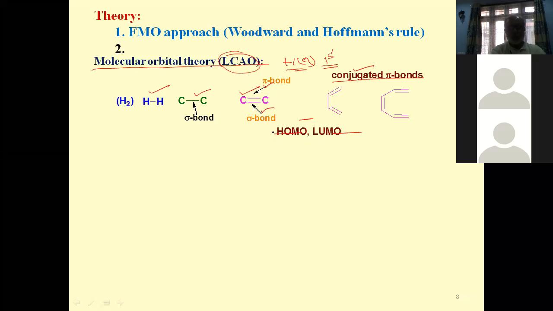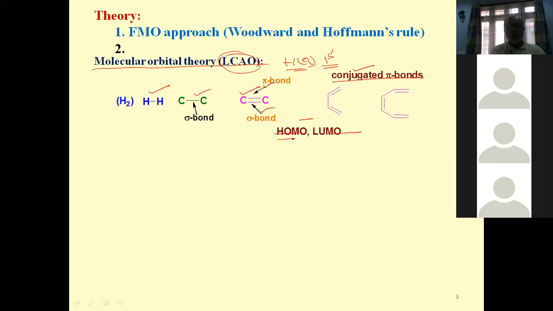Can anybody expand HOMO and LUMO? Highest occupied molecular orbital, and LUMO stands for lowest unoccupied molecular orbital. So these things we have to understand. Many of you know this, but once we take this reaction, we have to understand this thoroughly.